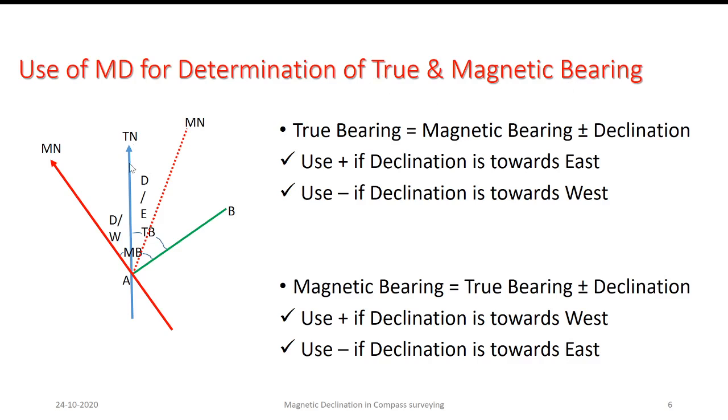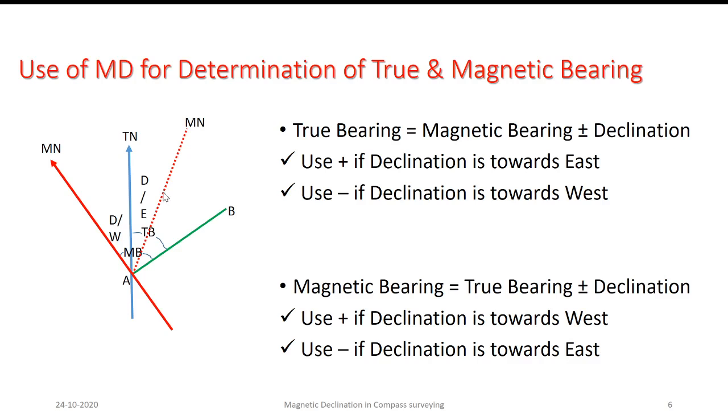Here, in this sketch, the blue line indicates the true north direction, which is a constant phenomenon. Whereas the green line AB is a line existing on the Earth's surface and hence it is also a constant entity. Whereas this red line and dotted red line indicate the magnetic north. As we discussed in previous slides, it is dynamic in nature.